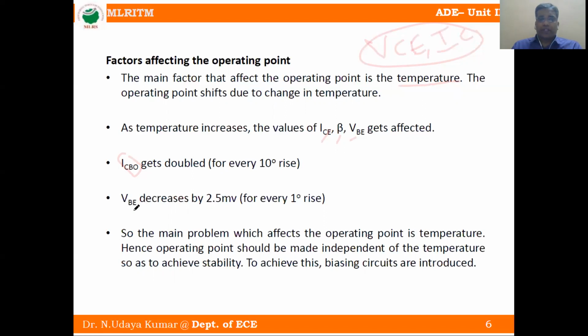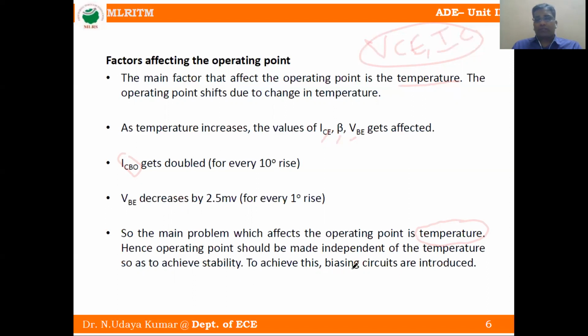Also the base emitter voltage decreases by 2.5 millivolts for every 1 degree centigrade rise in temperature. So the main problem which affects the operating point is temperature. Due to temperature, the operating point may differ. Hence the operating point should be made independent of temperature so as to achieve stability.